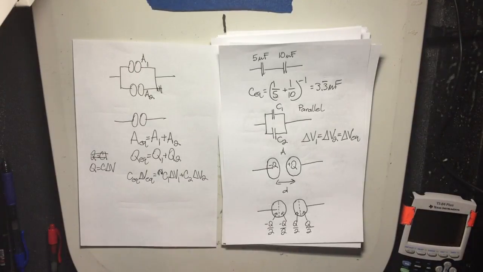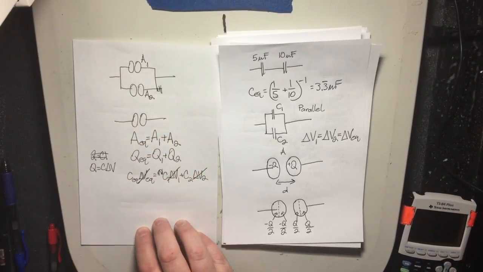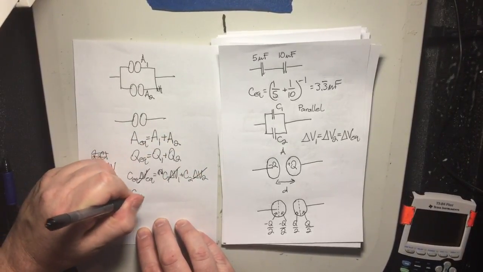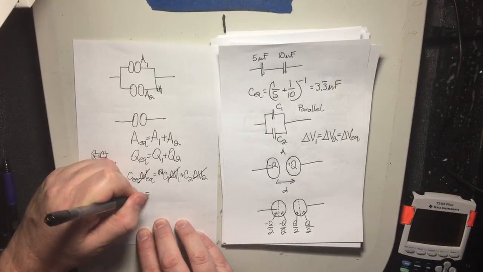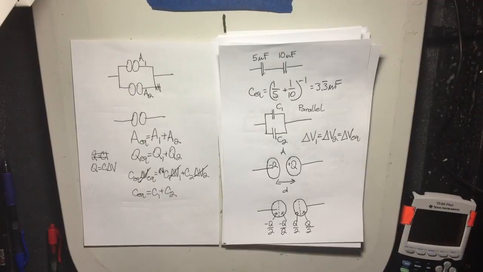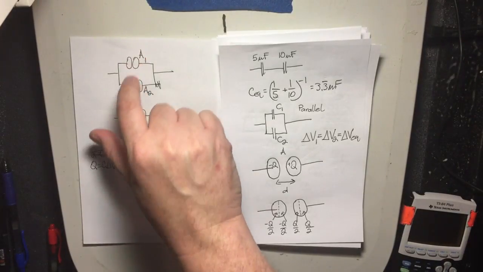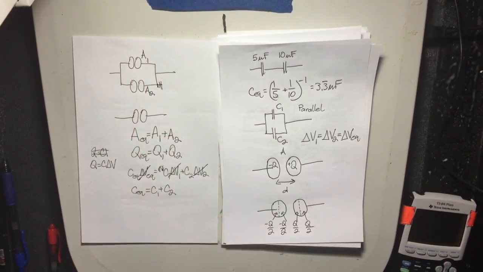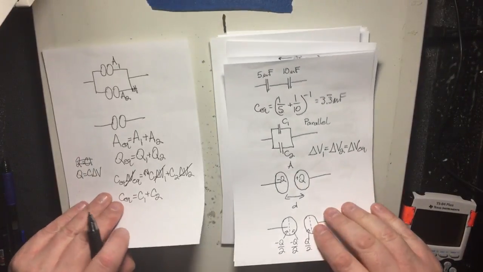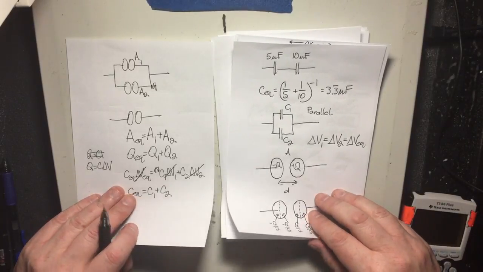And what do we know about the potential differences? That they're all the same. And we're left with C equivalent equals C1 plus C2. So that is the equivalent capacitance for capacitors in parallel. And what you'll notice, the opposite of the resistors, yes.